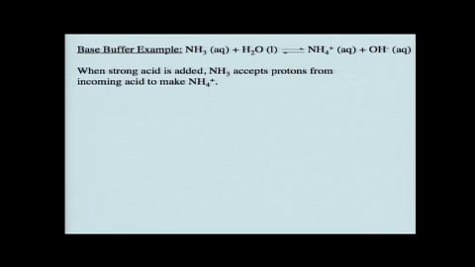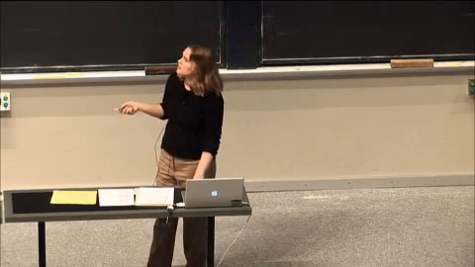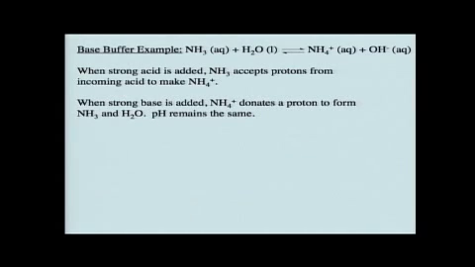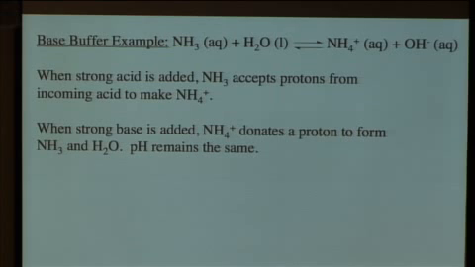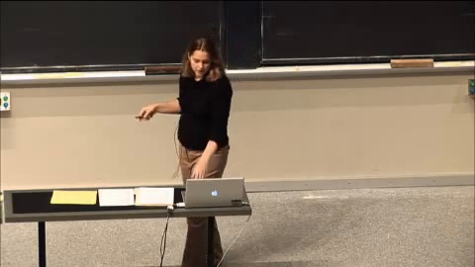Well, if a strong acid is added, then this base, NH3, can accept protons from the incoming acid and make more NH4+, thereby removing the strong acid from the solution and neutralizing the pH. If, on the other hand, a strong base is added, NH4+, or ammonium ions, can donate the proton, forming its conjugate base and water, and again, the pH remains about the same. So the base and its conjugate acid can both react, neutralizing the pH.